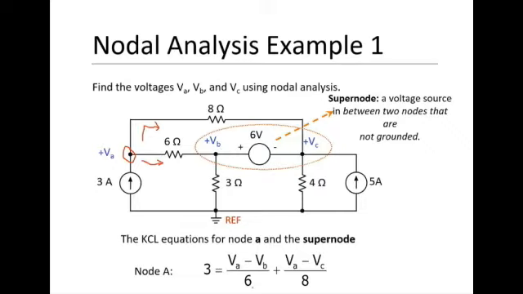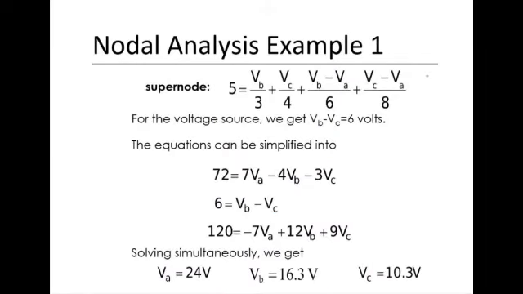The current going through this 8 ohm resistor is VA minus VC divided by 8, and that is equal to 3 because the 3 is going into the node. That is equal to the total current going out of the node.